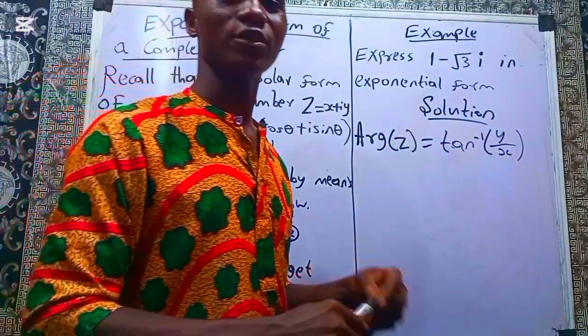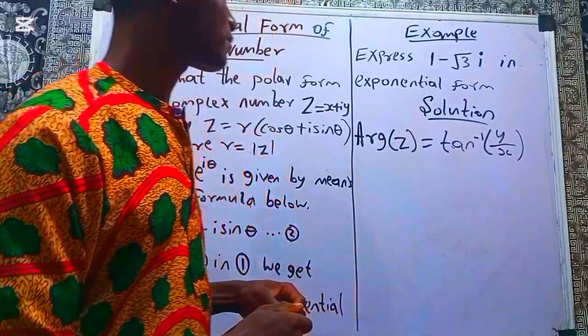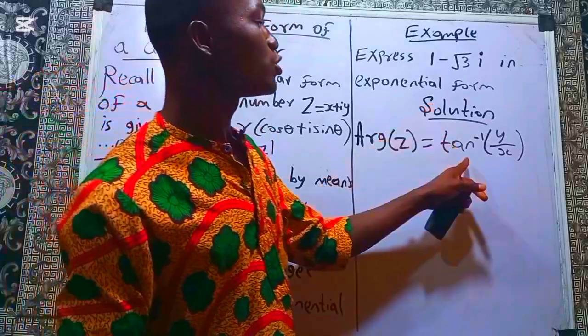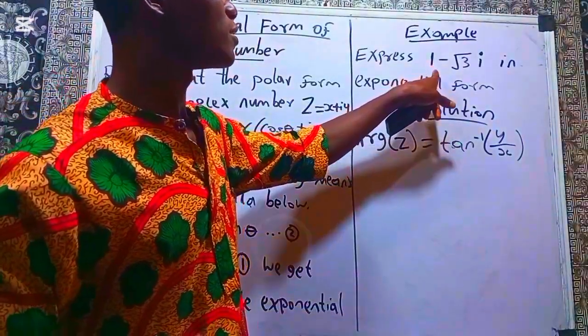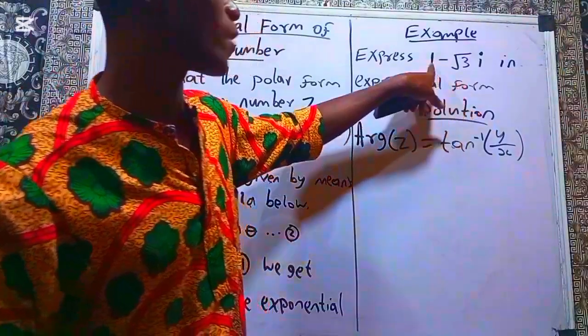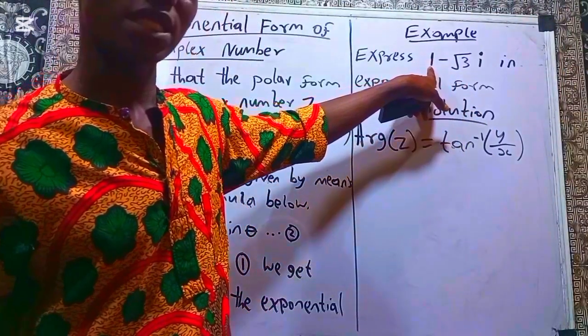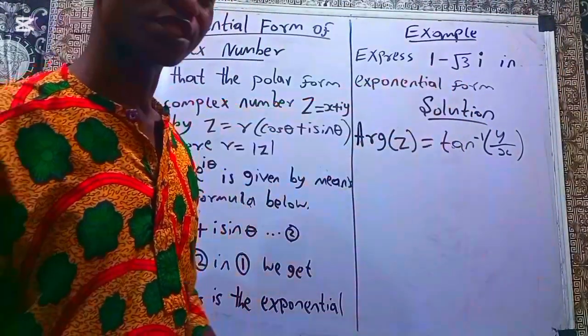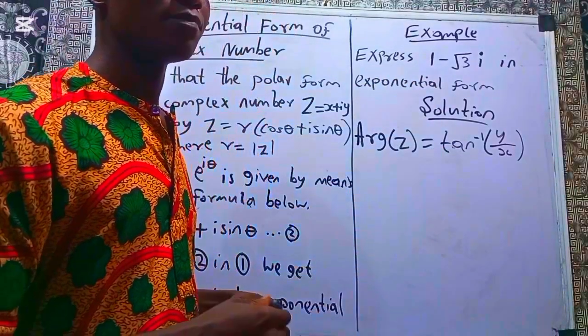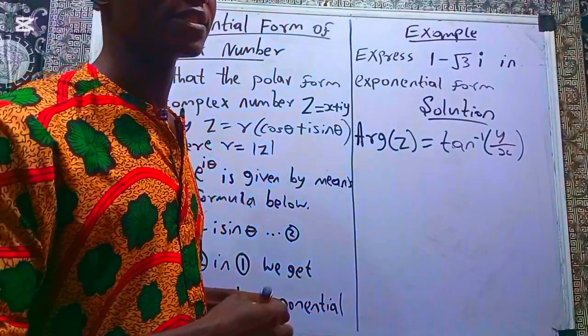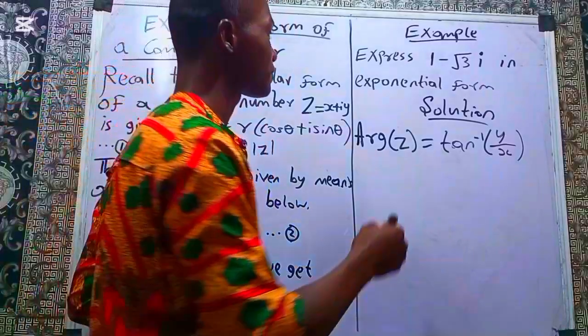The real part of the complex number. So we are going to use this formula. Why? Because the real part of this complex number is 1, positive 1. So the real part is positive. So we are going to use this formula to get the principal argument of this complex number.